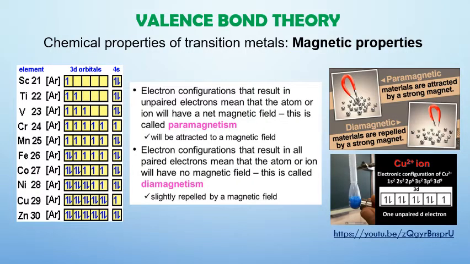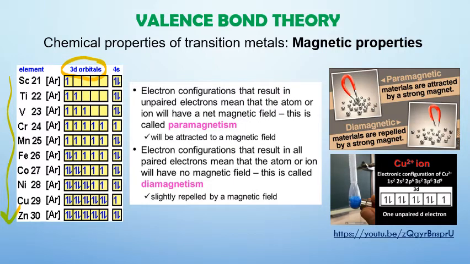There are two types of magnetic properties for transition metals, which are paramagnetic and diamagnetic. Theoretically, we will get this information from the electron configurations. Here I show you the first series of transition metals, scandium until zinc. We can also see the filling of electrons in the 3d orbitals.